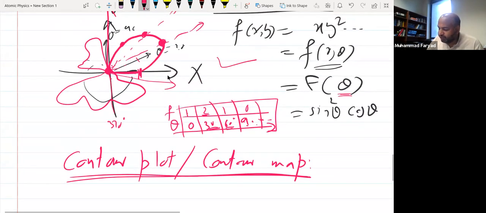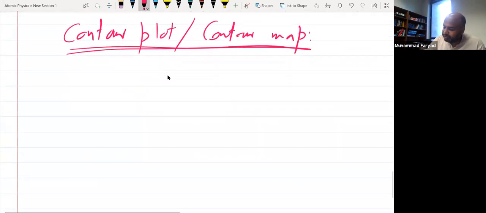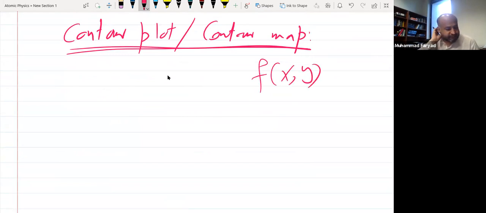In polar coordinates, we actually have only one variable, theta. The r variable is fixed at some value. But if you have a function of two coordinates, and you want to be able to see the variation of the function with respect to both, another option is to use the contour plot.